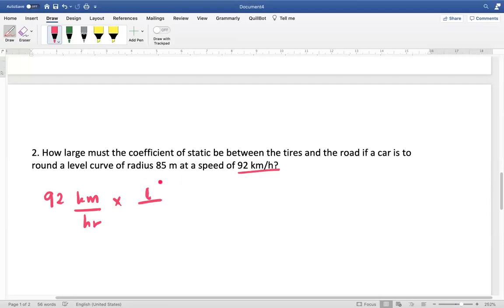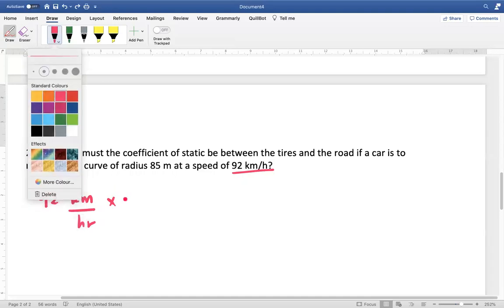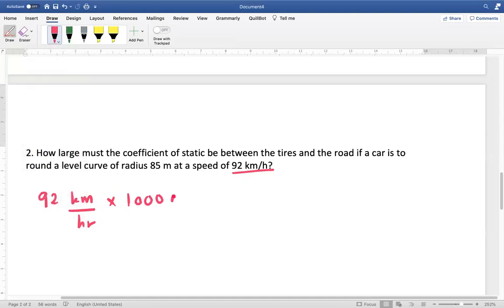So 1000 meter is 1 kilometer. So you want to get rid of kilometer, you put it down here.